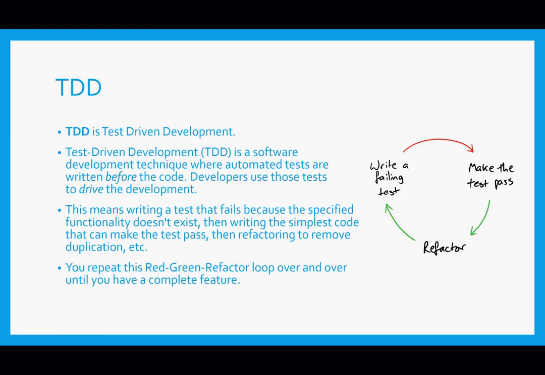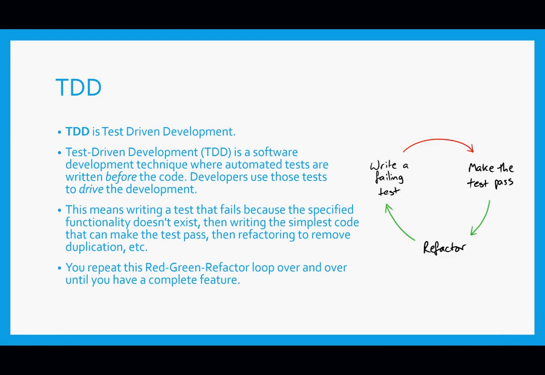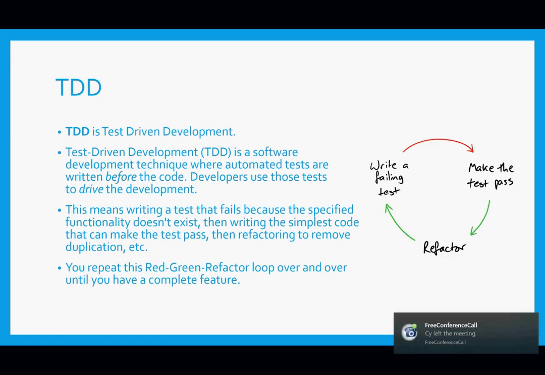First thing is TDD. This is one of those things that you hear your developer talking about: what's TDD? And yes, there are different opinions and viewpoints about that. But I think TDD is a test-driven technique where automated tests, by which I mean unit tests actually, to be honest, are written before the code.